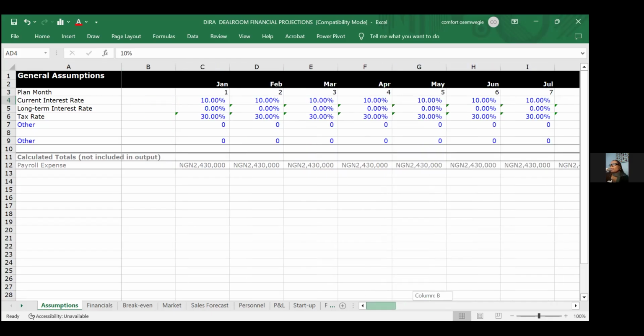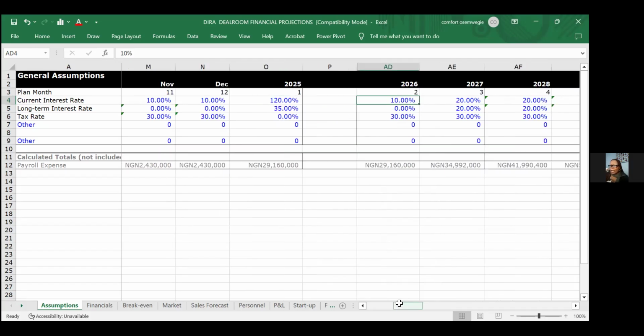So we will normally say, okay, let's look at your projections for 2 years. The first year of operation and the second year will be a stabilizing year. It gives us an idea. So it's good from the aspect of the months within that year, rather than just having a projection from 2025 into 2026.